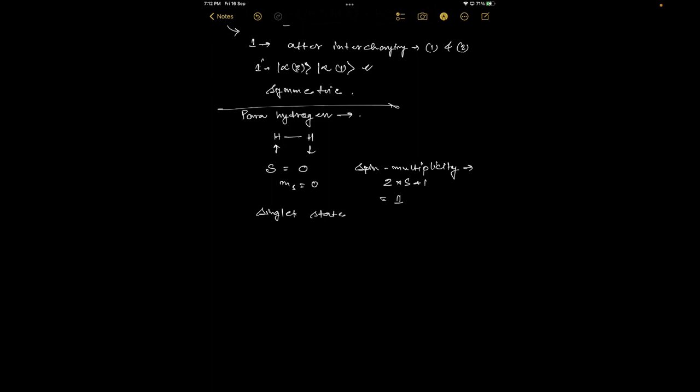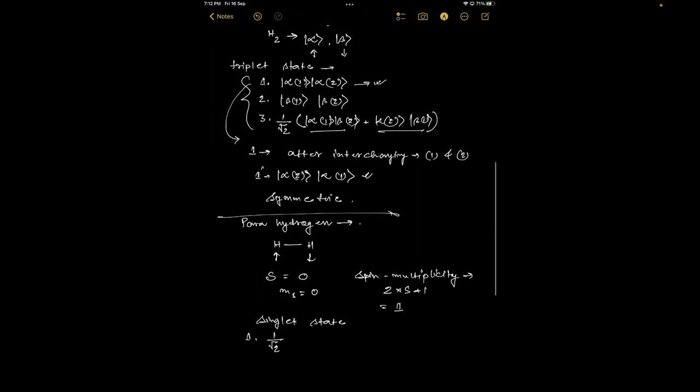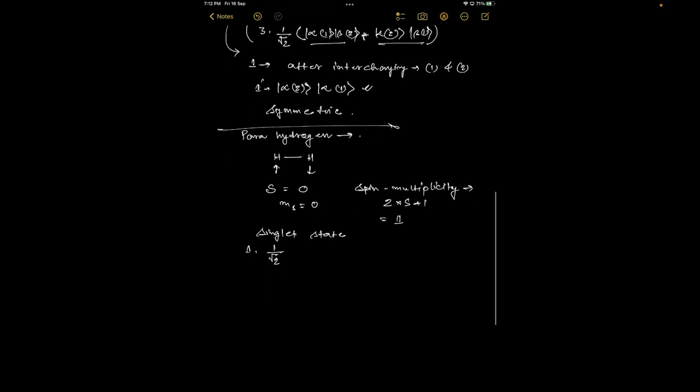Now if we write down the wave function corresponding to the singlet state, it will be a linear superposition of two states. In the triplet state we considered the plus combination. So in the singlet state we will consider the minus combination. That means hydrogen 1 having spin alpha, hydrogen 2 having spin beta, minus hydrogen 1 having spin beta times hydrogen 2 having spin alpha.